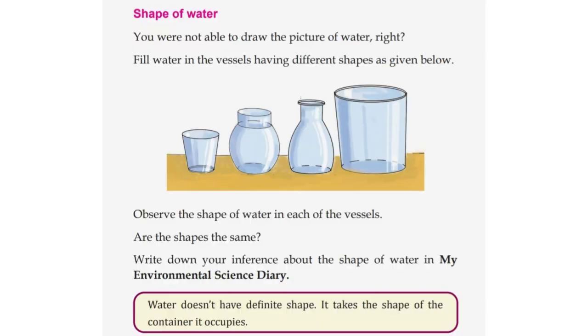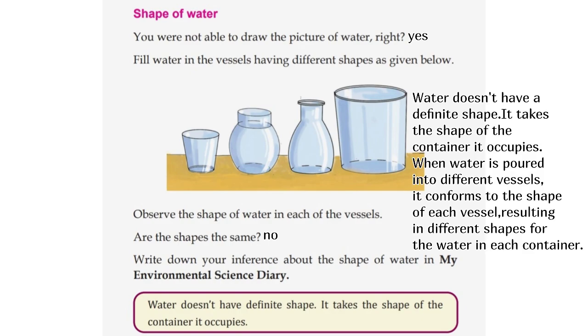Shape of water. You were not able to draw the picture of water, right? Yes. Fill water in the vessels having different shapes as given below. Observe the shape of water in each of the vessels. Are the shapes the same? No. Write down your inference about the shape of water in my environmental science diary.